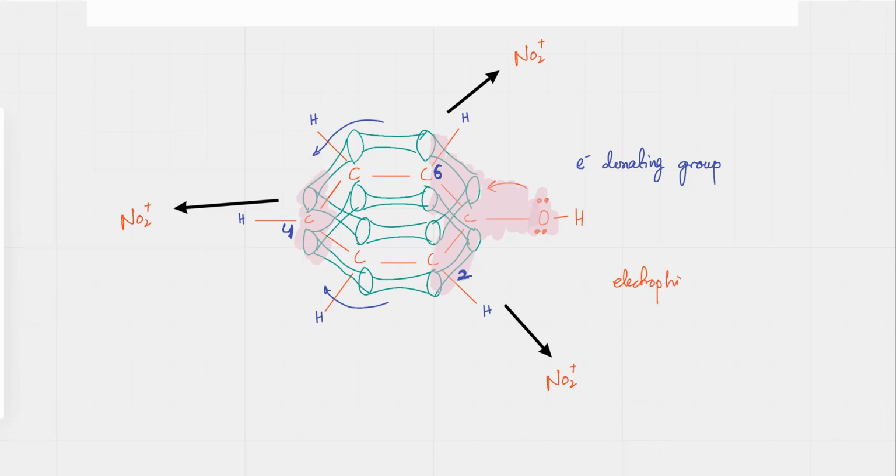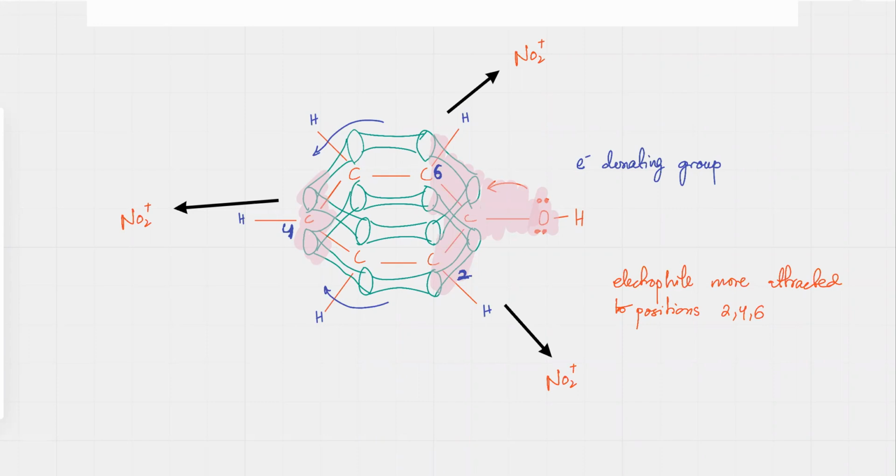So just going to write that the electrophile is more attracted to positions 2, 4, and 6.